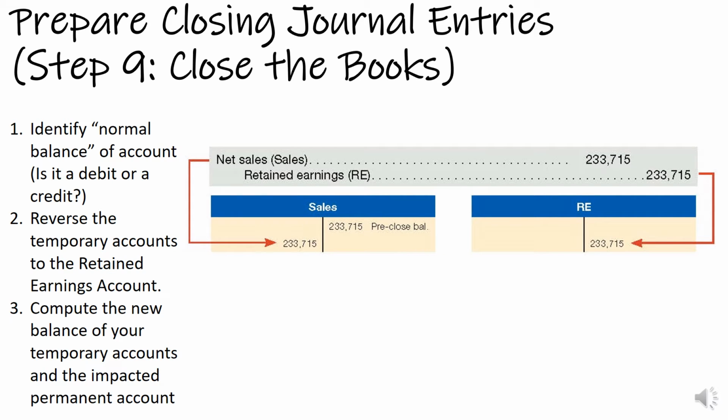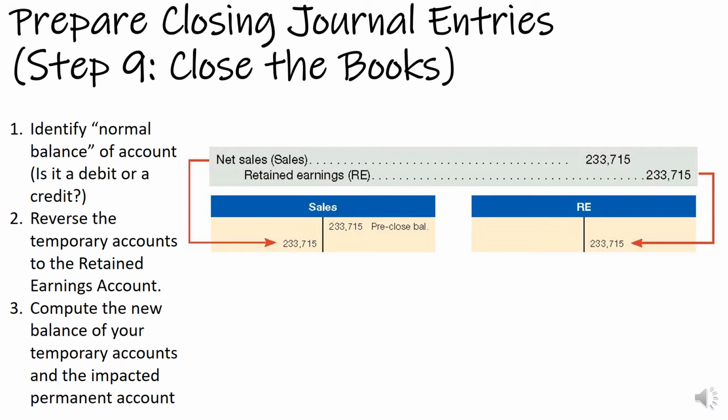Closing the books has 3 steps. First, identify the normal balance of the temporary account that you're closing. Our revenue accounts normally have a credit balance, and our expense accounts normally have a debit balance. In the second step, you reverse the temporary accounts to the retained earnings account.